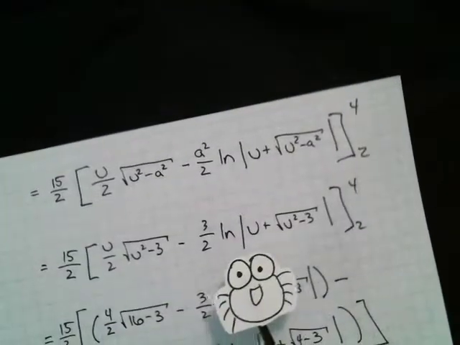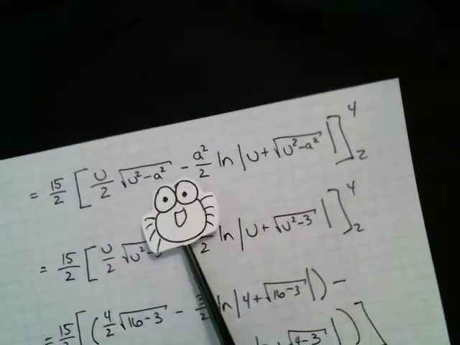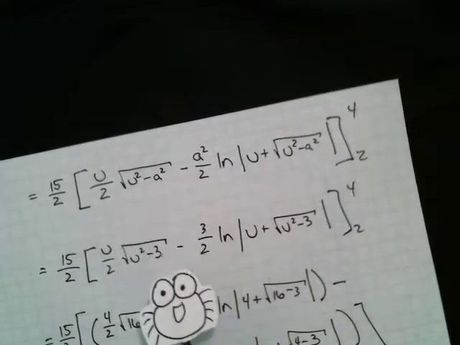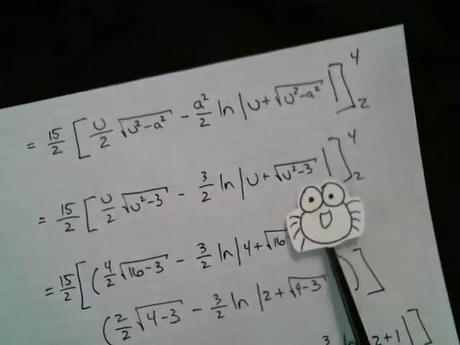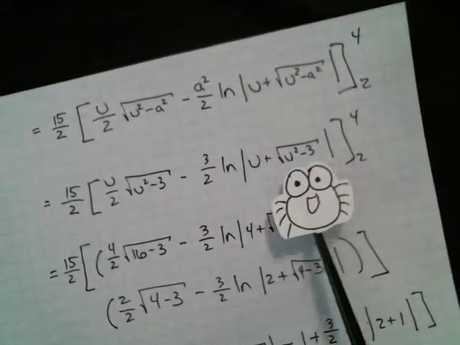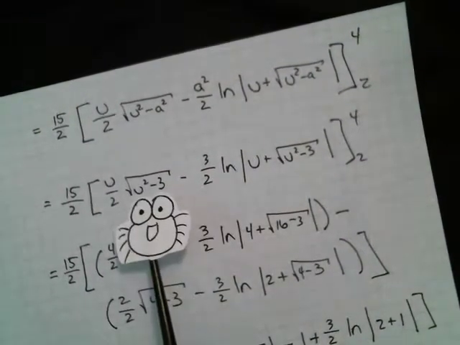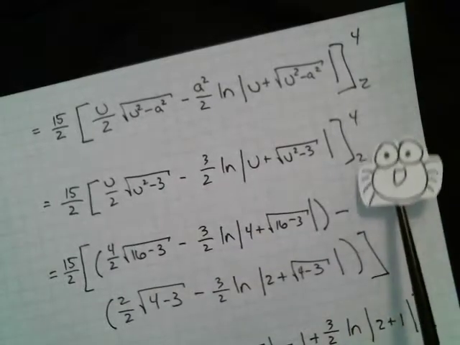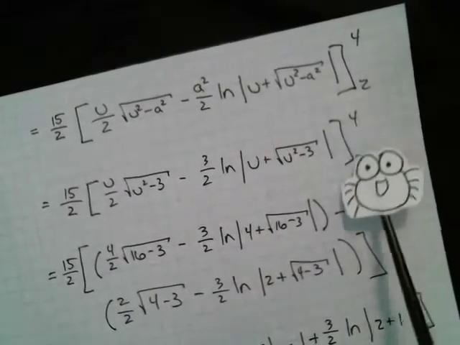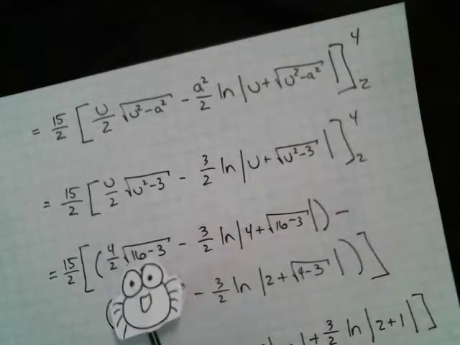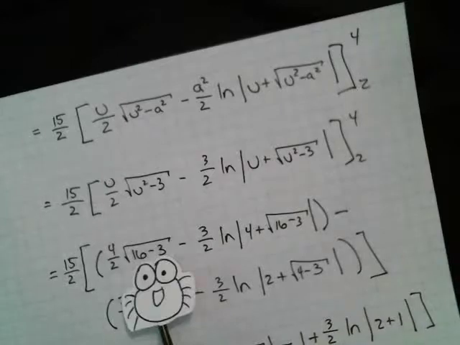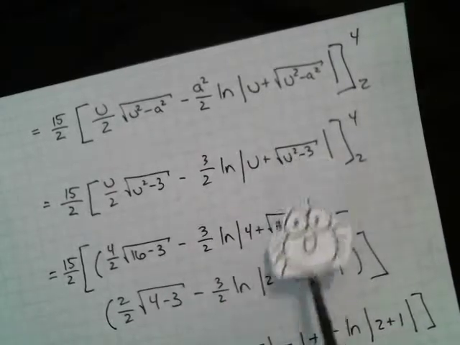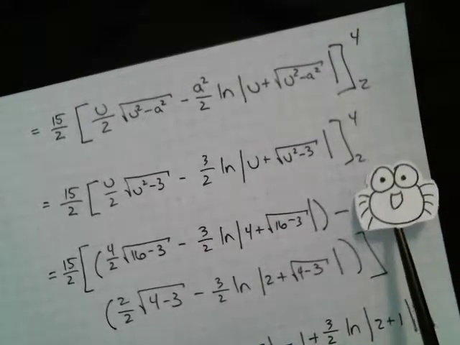So, what did I do? Well, here I went ahead in the first line and I said, well, since a squared is 3, I plugged in the 3's. So I did this very slowly. You don't have to take as many lines. Next up, I don't have to convert u back to x unless I left the limits in x. Since these limits are now in u, I just evaluate in u. So u squared is 16, u is 4, then u squared is 16, and I subtract evaluating it at 2.